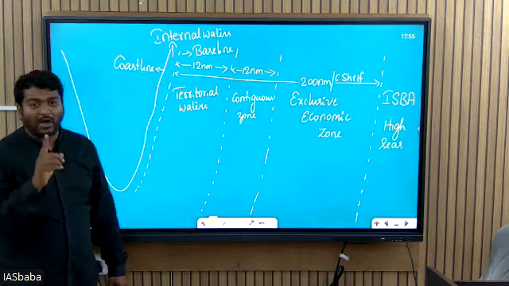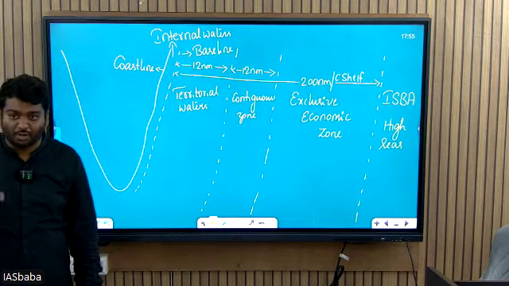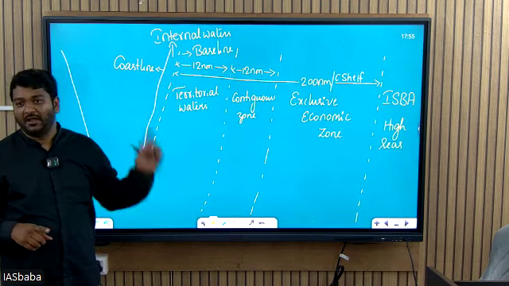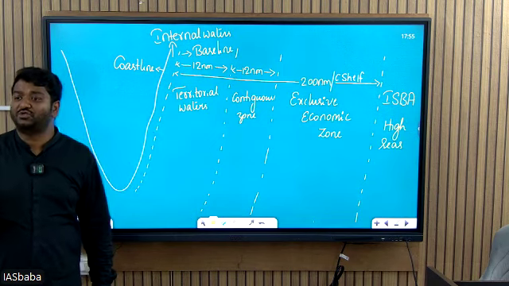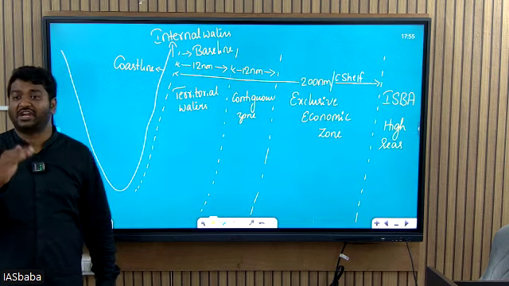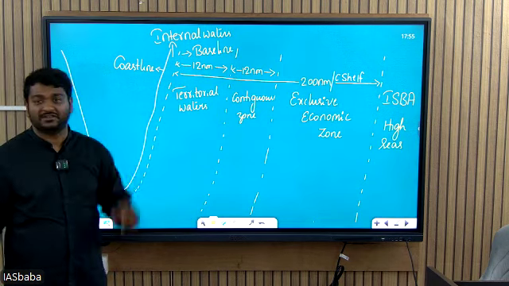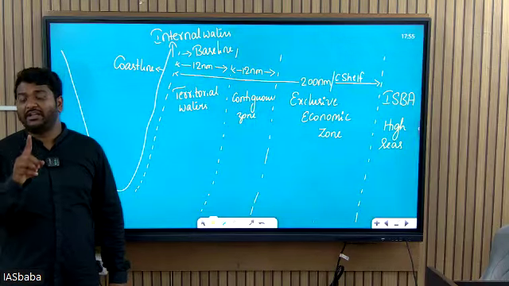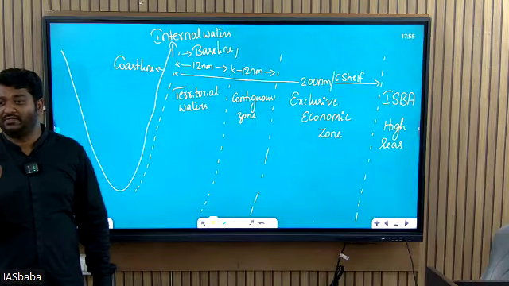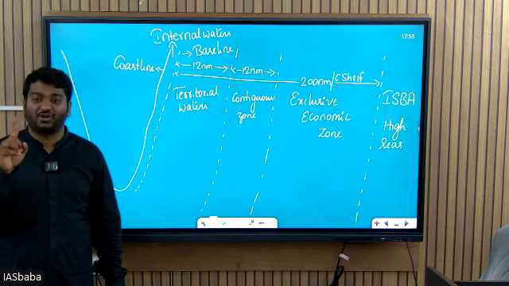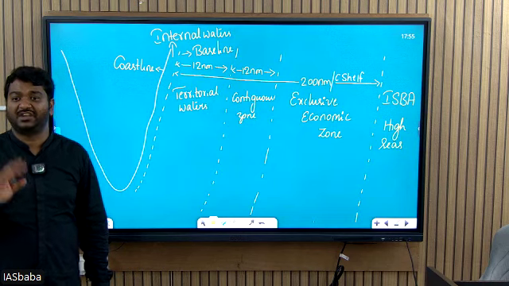See guys, a lot of politics in the world today is happening on this aspect. If you talk about China in the South China Sea, if you talk about China in the East China Sea, the fight between the countries is over this. From 2013 onwards, there is no year UPSC has not asked a question on the South China Sea and East China Sea.